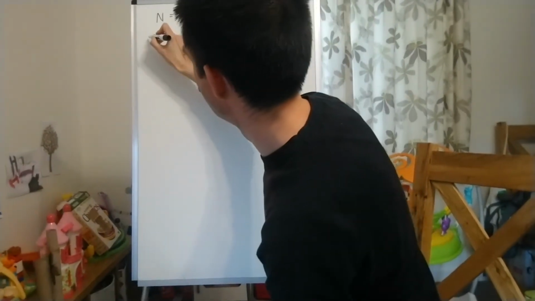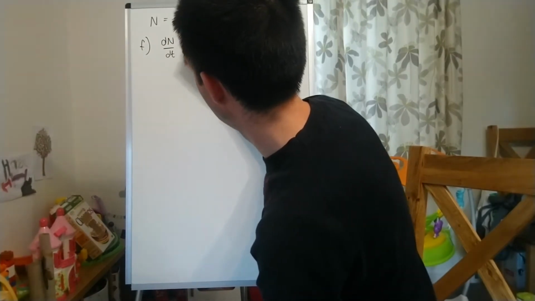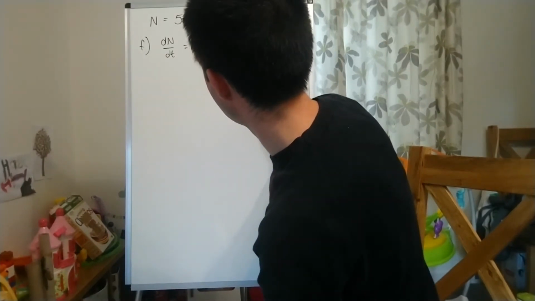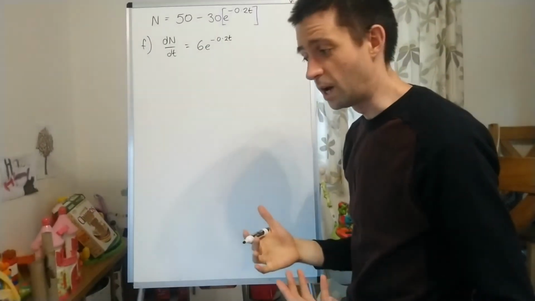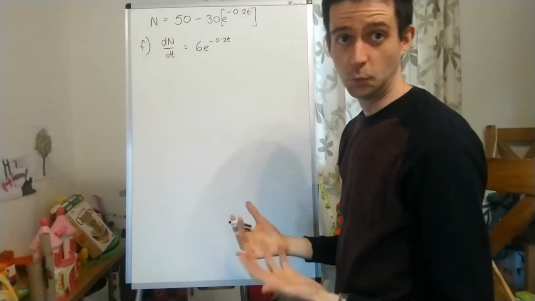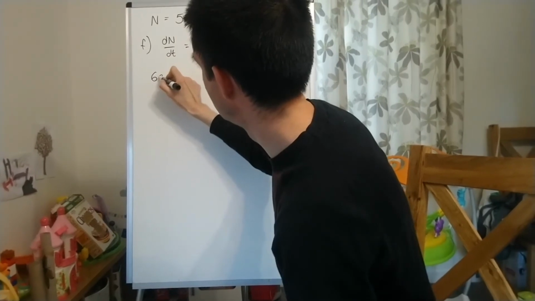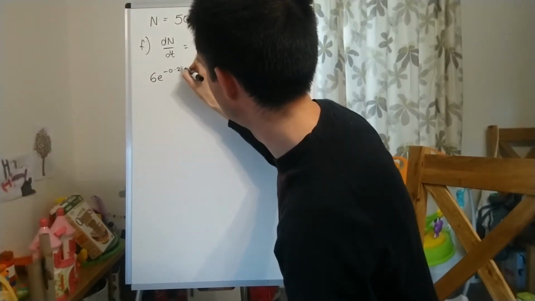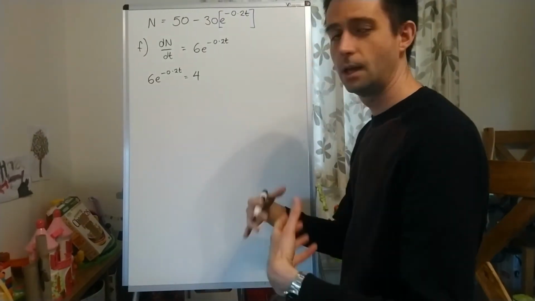I'll jot down for part F that dn dt equals 6e to the negative 0.2t, and in the final part, part F, I'm being asked for the value of n when dn dt equals 4. So I'm going to make this equal to 4, so 6e to the negative 0.2t equals 4.